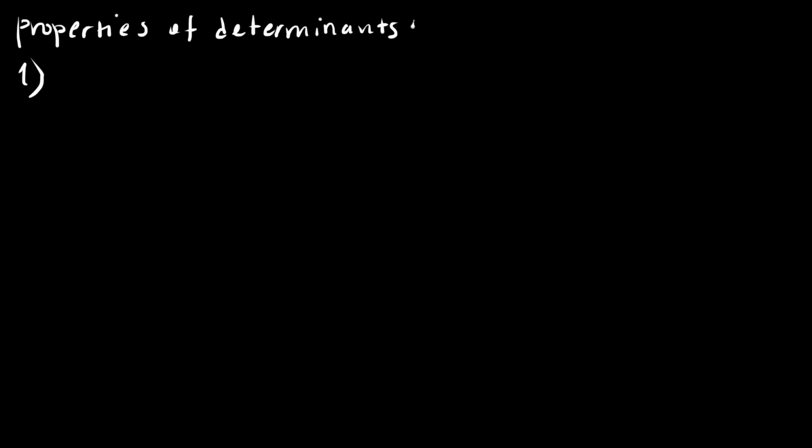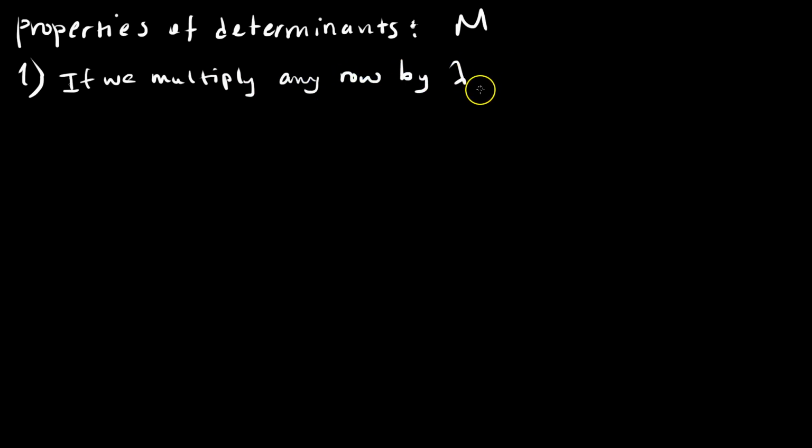If we multiply any row of a matrix, so this whole time I'm going to be using this matrix M, by some number lambda, some real number, then the determinant, which I'm just going to write as a fancy D, just goes to lambda D.